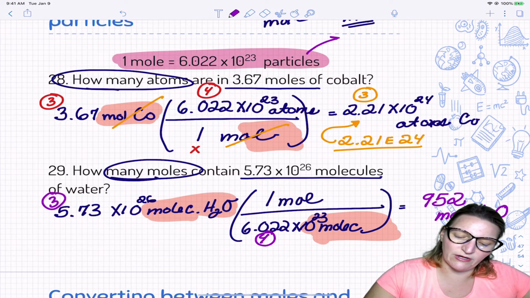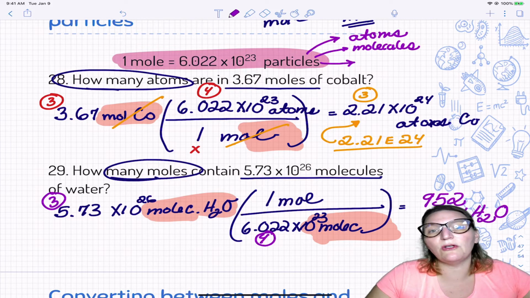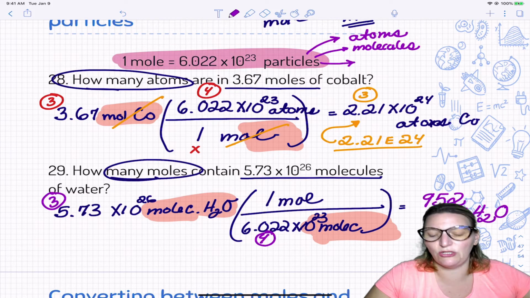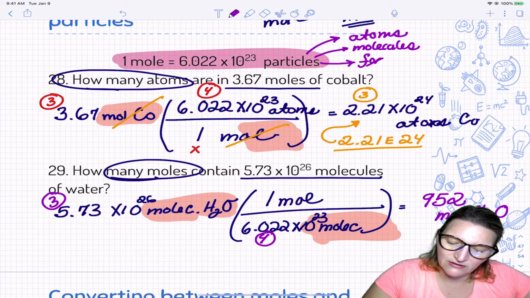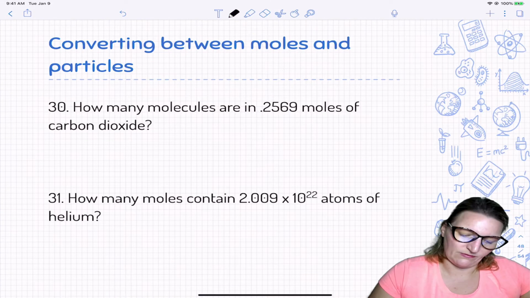Okay, in case you're not understanding, what do I mean by particles? So particles can mean atoms. Particles could mean molecules. Particles could also mean formula unit, and a formula unit is the smallest unit for an ionic compound.